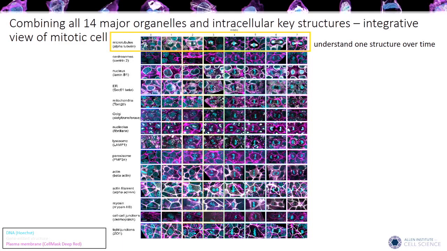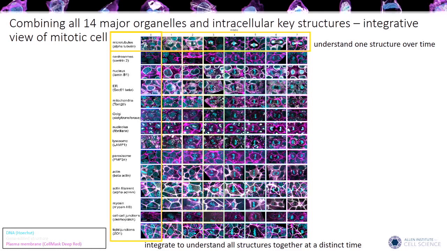But what is really exciting is that we can now look at all the structures at a distinct time in the cell cycle and try to integrate this to understand the organization of the cell at a specific time in its cell cycle.